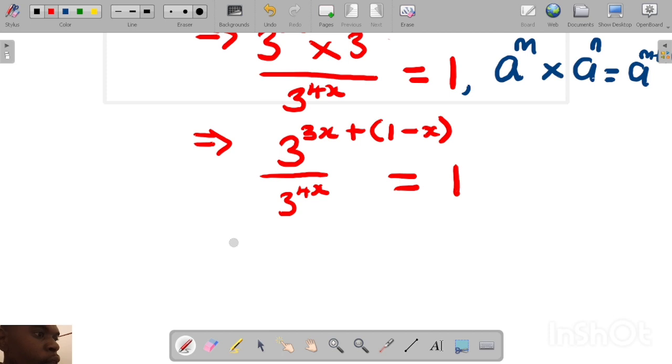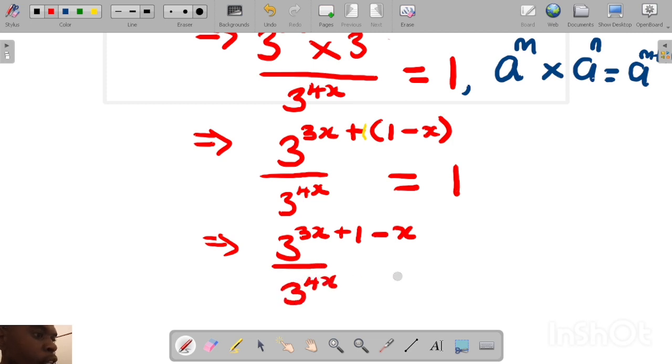We have 3 to the power 3x, then here it's like you have an invisible 1, so positive 1 times 1 gives positive 1, and positive 1 times negative x gives negative x, over 3 to the power 4x is equal to 1.